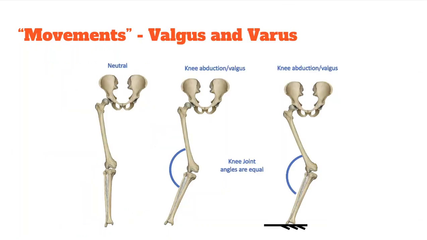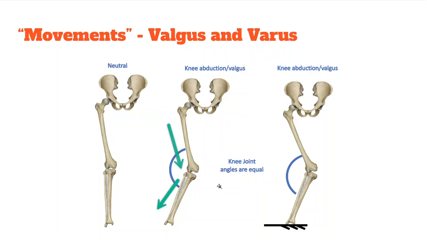We also have, we're calling them movements in quotes, the idea of valgus and varus knee. This is in the frontal plane, and that's why you see terms like abduction and adduction. This is more of a postural, quote unquote, movement. Your knee does not typically move into abduction or adduction, but you could have knee valgus, which looks like your knee is abducted.